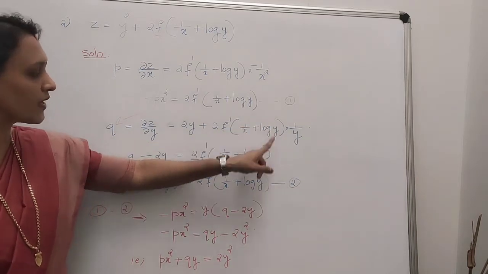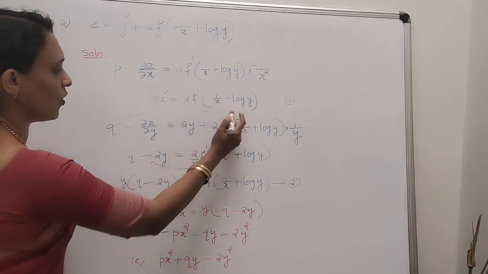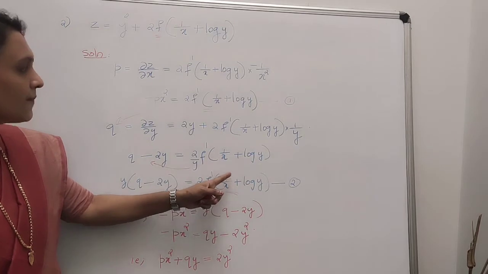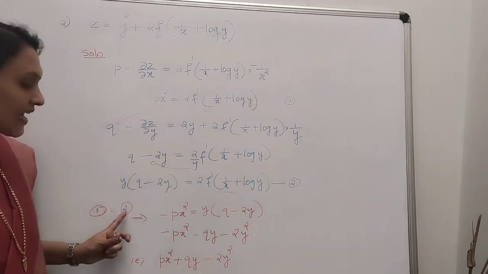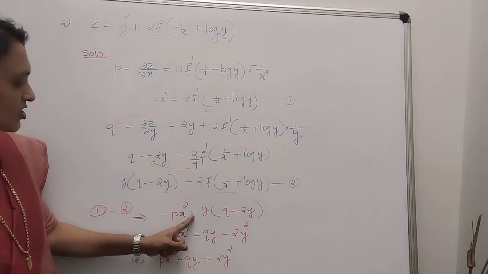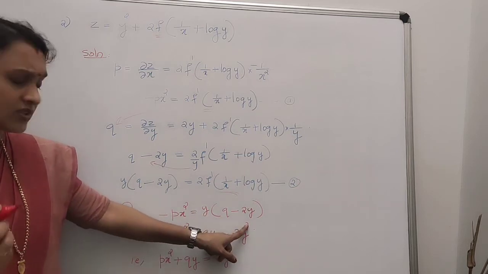Now look at these two equations, equation 1 and 2. If you are checking these two, the RHS are equal. Since RHS is equal, you can equate the corresponding LHS. So, on equating 1 and 2, minus px square is equal to y into (q minus 2y). Now, just simplification.